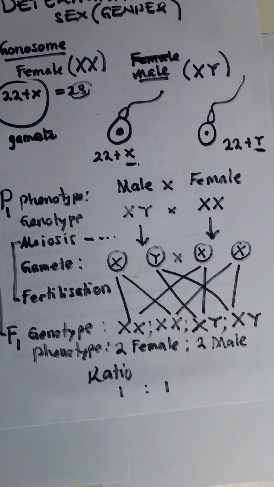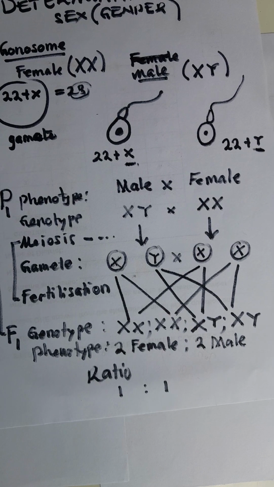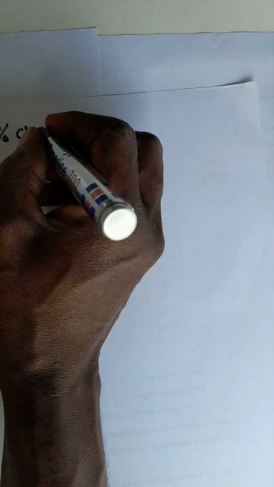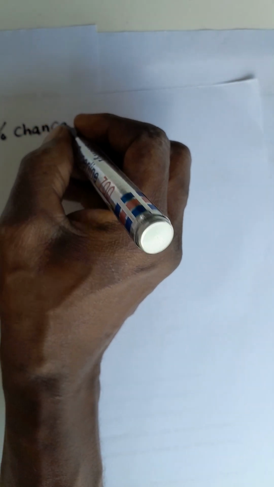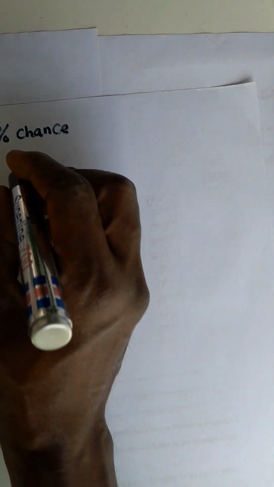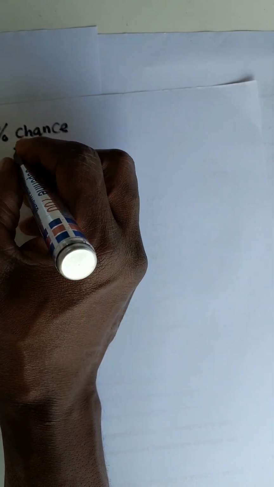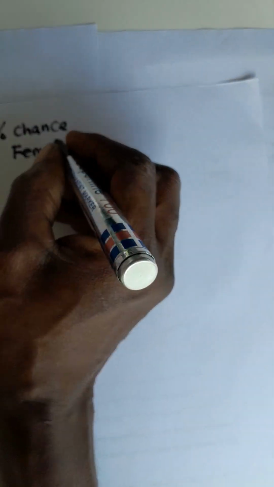Now, another very important thing that I want you to remember is the percentage chance of a child being a certain sex each time a mother falls pregnant. What is the percentage chance of the mother having a female child?